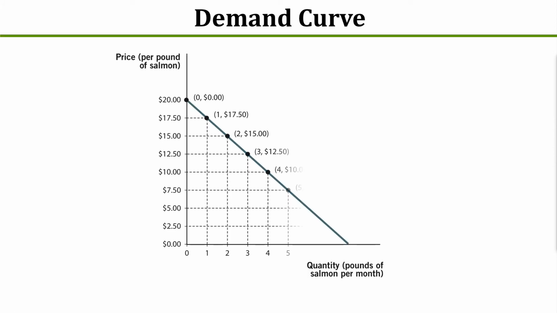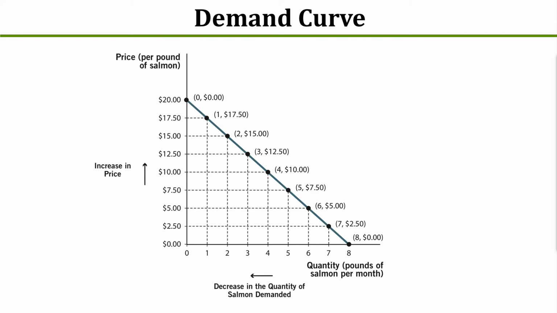When we do that, we get the demand curve for salmon fillet in that market. Again, the relationship is inverse, a negative relationship. When the price increases, the quantity demanded of salmon fillet is decreasing. You can get that from the slope of this demand curve, which is negative, which tells the inverse relationship as well.